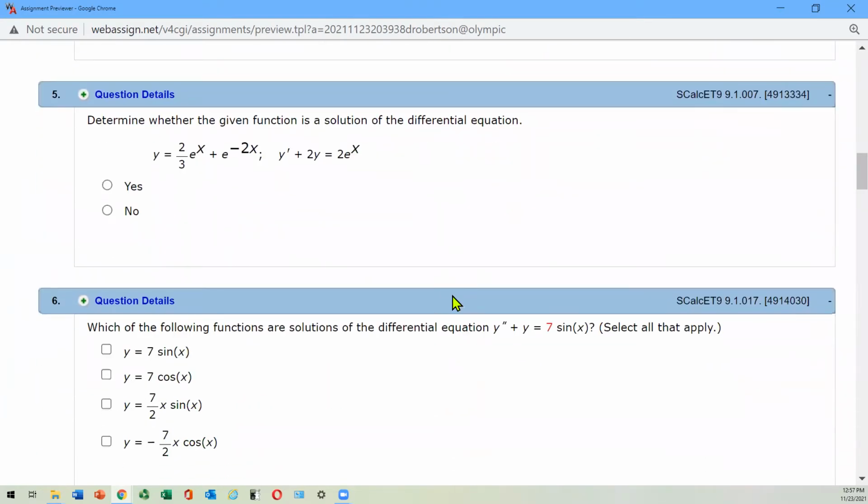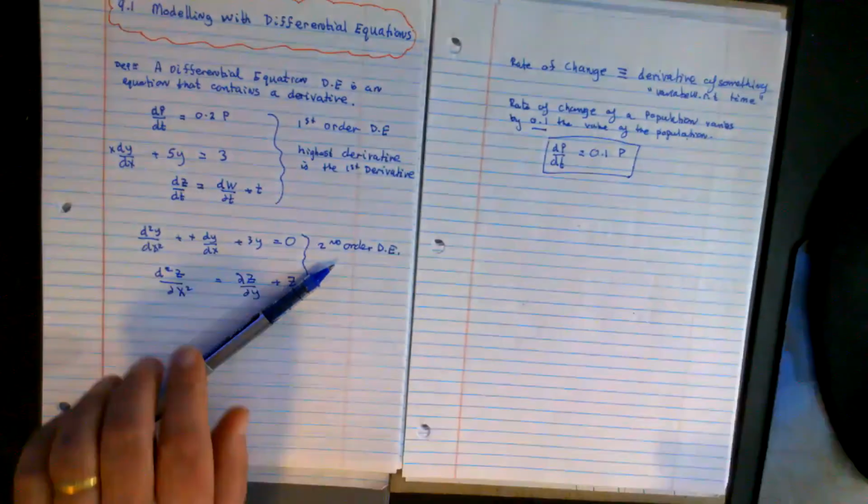Now, the next group of questions: here is a possible solution to a given differential equation. What we're going to look at is how we check that it is in fact a solution. So we're not creating the solution. All we're going to do is check that the one they gave us actually works.